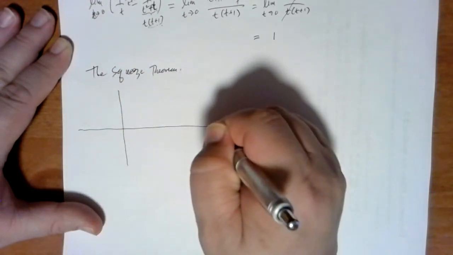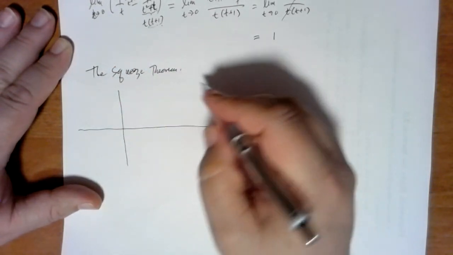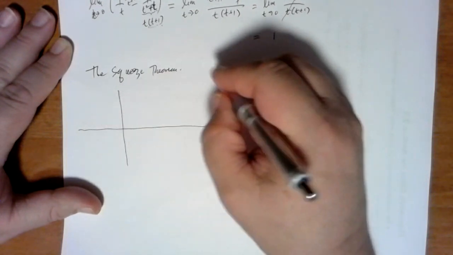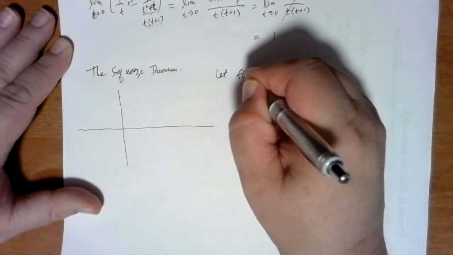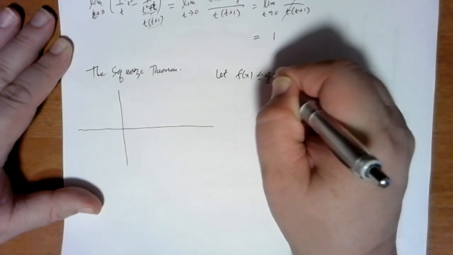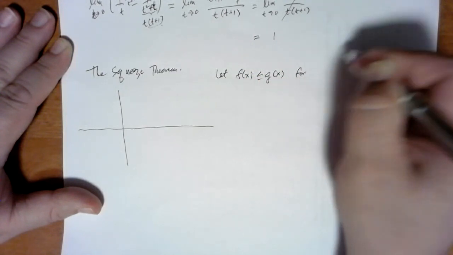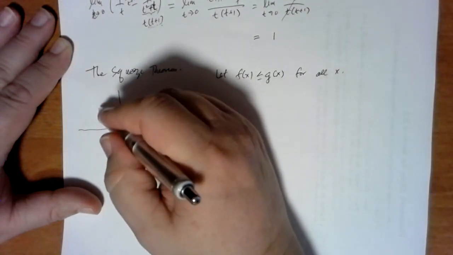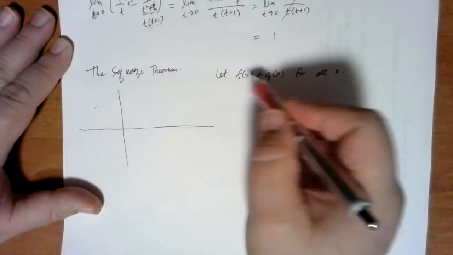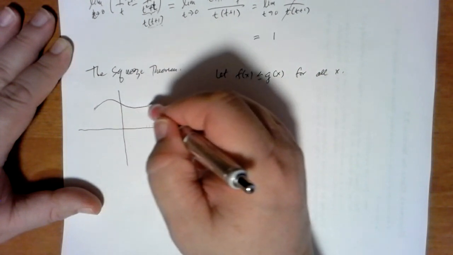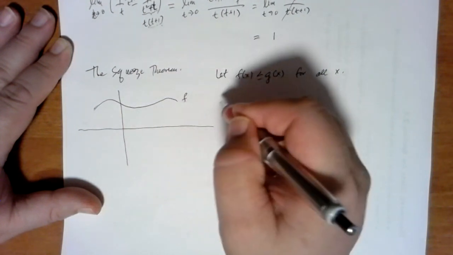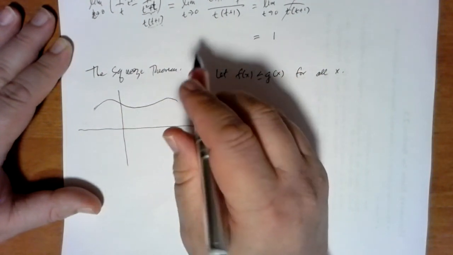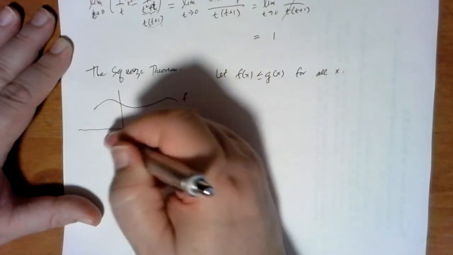Graphically, I think it's pretty easy to see. So I've got some function f. Let f of x be less than or equal to g of x for, let's just say, all x. Okay, so therefore the function f is going to be like that. There's my f. And then I need another function g that's always less than that.